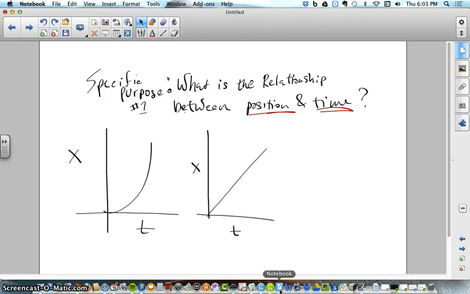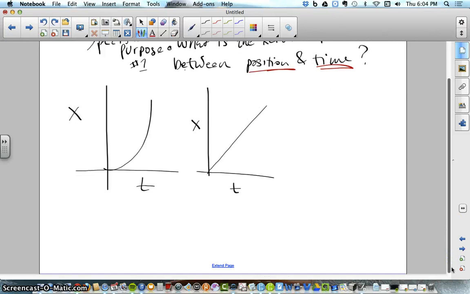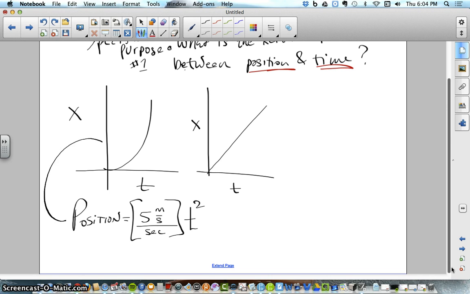So we have an equation, position equals 5 meters per second times t squared. This is the equation of this curve, right?